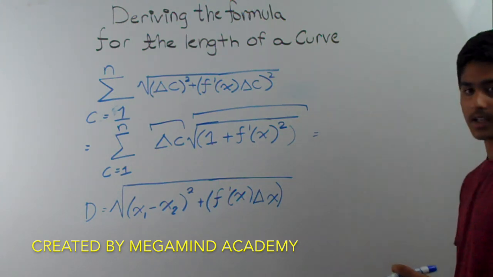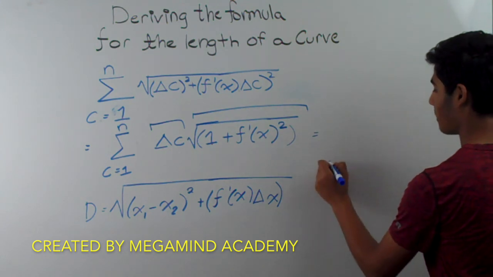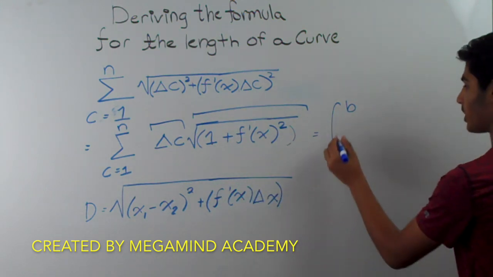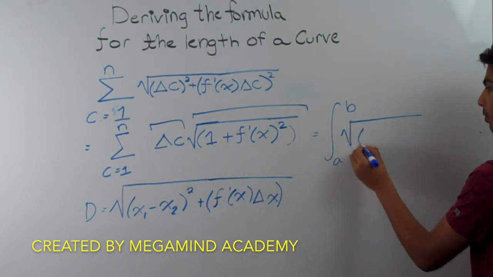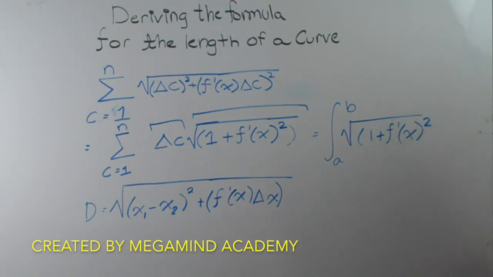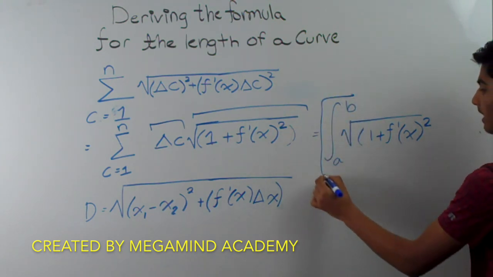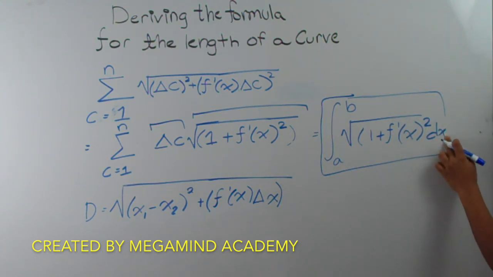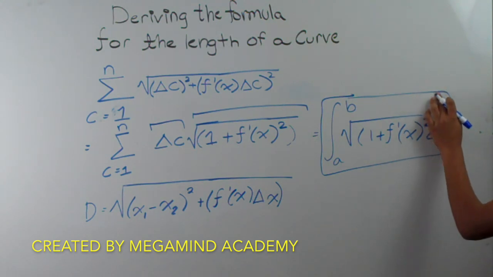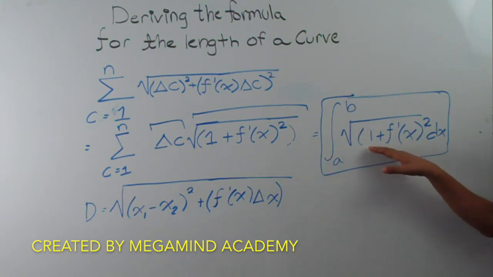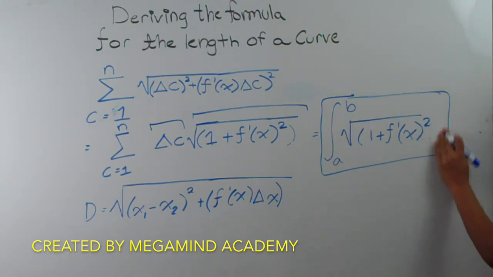A Riemann sum can also be expressed as an integral from a to b. So the answer to this problem is the integral from a to b of the square root of 1 plus f prime of x squared dx.